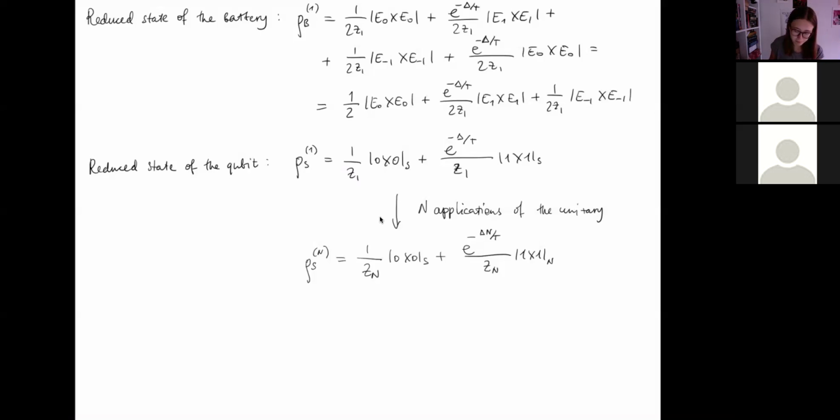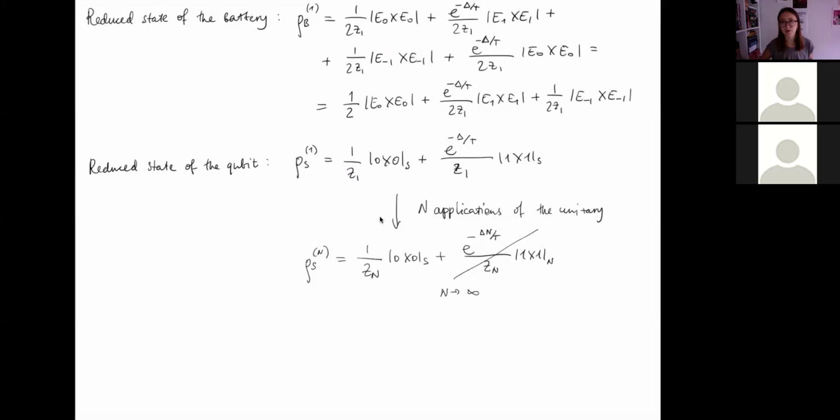So then at the end step we arrive to this state, and if n goes to infinity, then actually the second term does not matter, and zn is close to 1, and then the rho Sn, the state of the qubit, is approximately in 0.